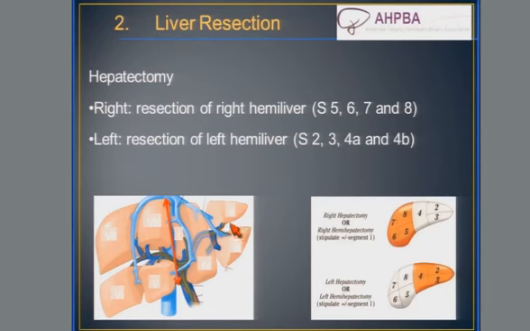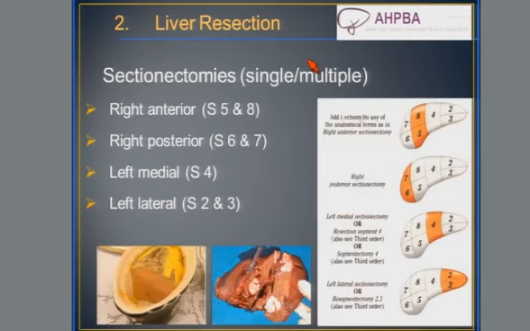When you do a left hepatectomy, you remove segments 2, 3, and 4. Segment 4 can be further divided into a superior segment and an inferior segment. This is an old description by Bismuth: the superior segment is 4A, and the inferior segment is 4B.